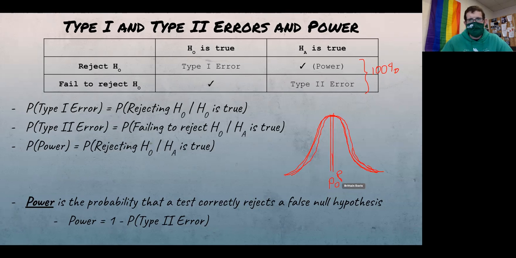This is such a small difference that, yes, technically we're committing a type 2 error by not rejecting the null, but sometimes the difference between the two is insignificant. It's not type 2 error in the sense like we made a big mistake. So technically we made a type 2 error, but there really isn't a significant difference between the two values.